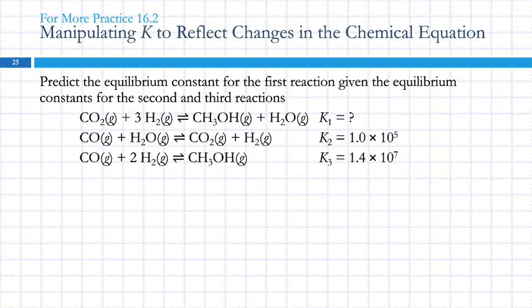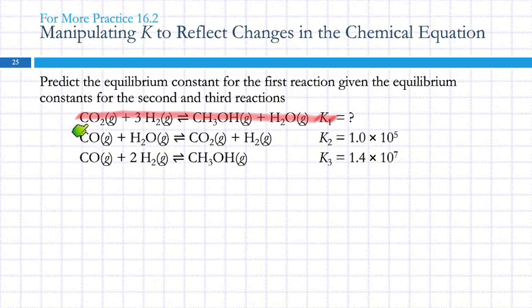Okay, predict the equilibrium constant for the first reaction given the equilibrium constants for the second and third reactions. Could we combine the second and third reactions to give us the first reaction? Yeah, we can. So we're trying to get this guy, right?